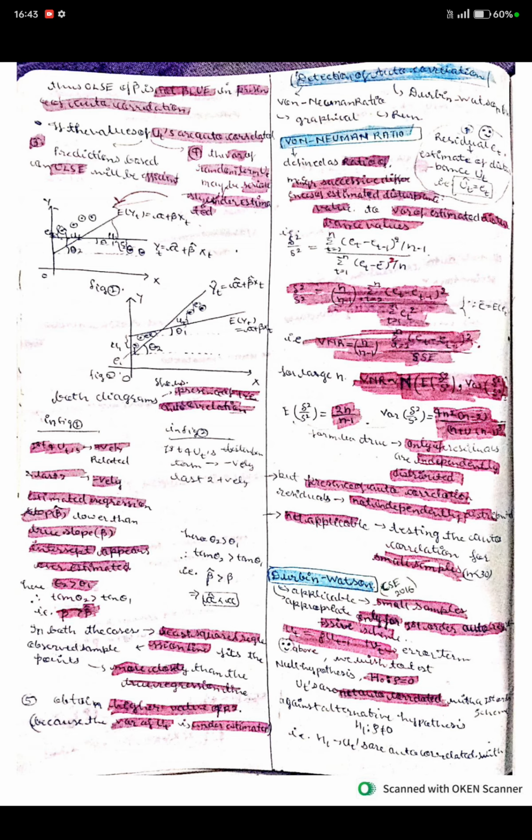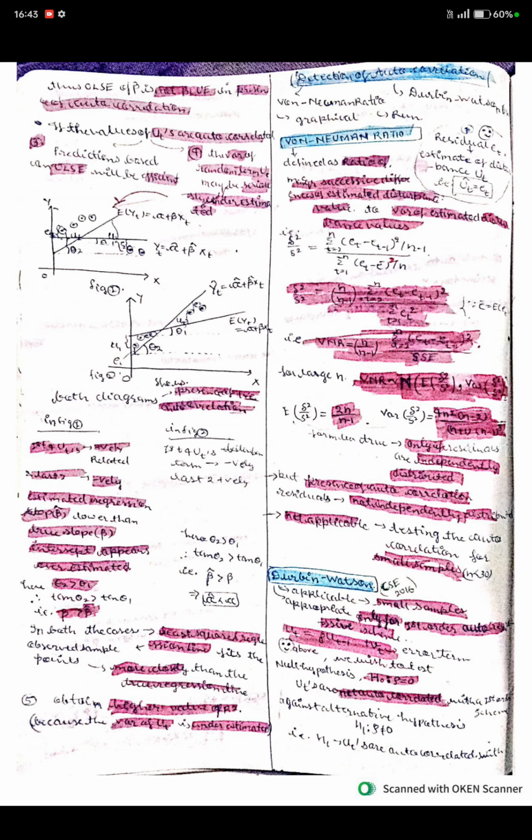Here theta 2 is greater than theta 1, that is, tan theta 2 is greater than tan theta 1. That is, beta cap is greater than beta. This implies alpha cap is less than alpha.